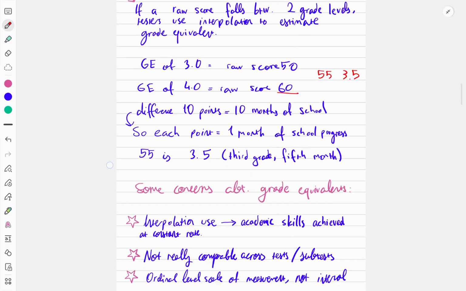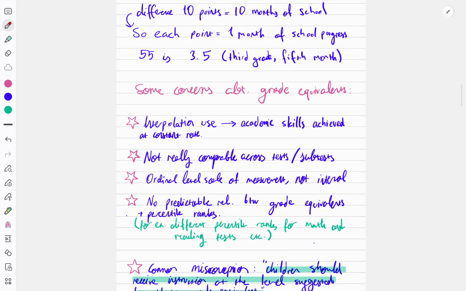So yeah, this is something that we can use, but there are some concerns about grade equivalence. Interpolation is used, but academic skills are not really achieved at a constant rate, and they're not really comparable across tests or subtests because they don't increase like this; they increase like this, or like this.